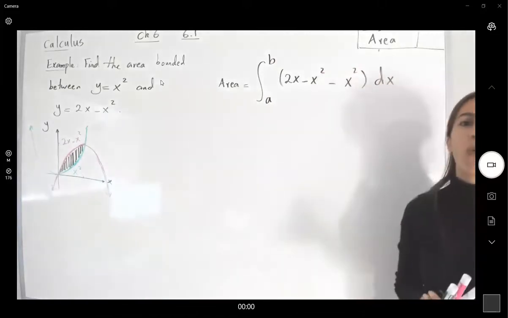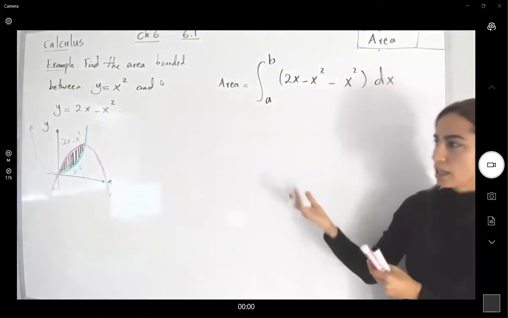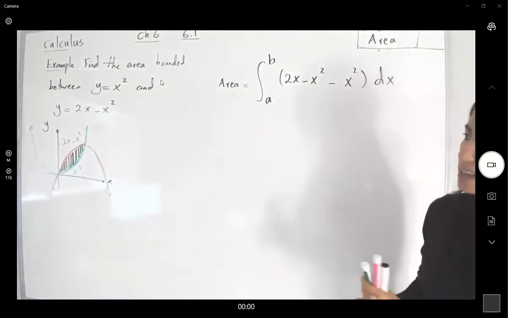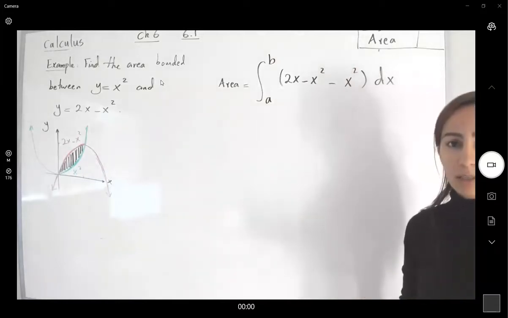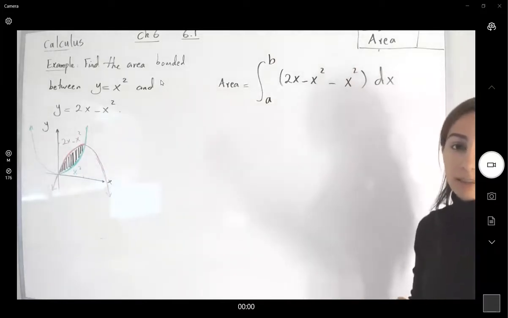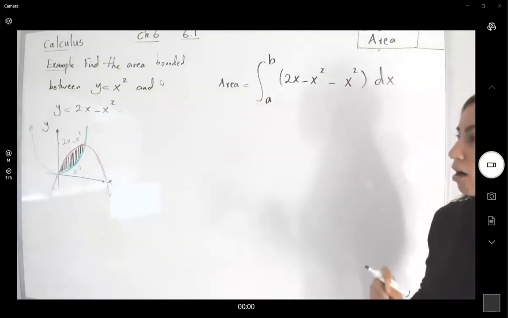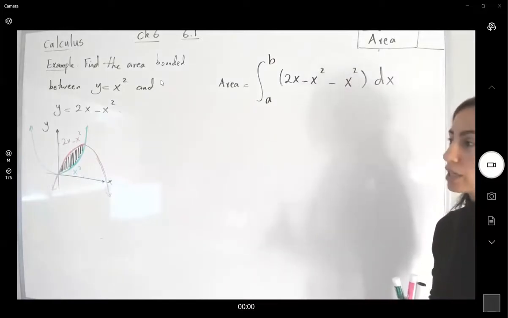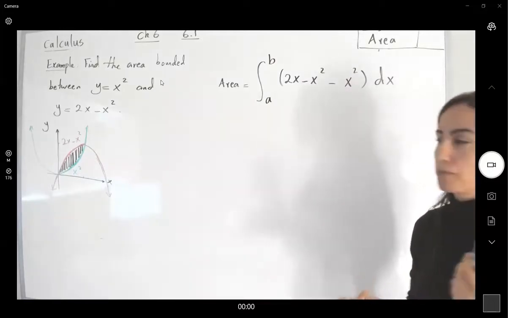But what is a? What is b? You can take a look at the graph and say, hey, x is bounded between 0 and 1, but to make sure that 0 and 1 is the correct upper bound and lower bound for your integral, you have to do the algebra.